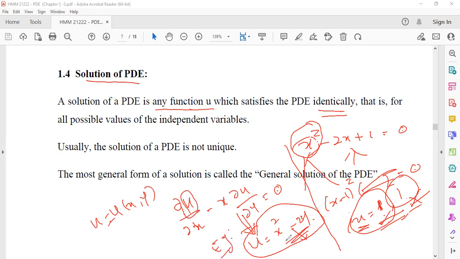The solution of a PDE is any function u which satisfies the PDE identically. So if I take ∂u/∂x and ∂u/∂y and substitute into the left-hand side, I need to get 0. Then my answer is correct. Similarly for this one, if I substitute here, I'll write again.